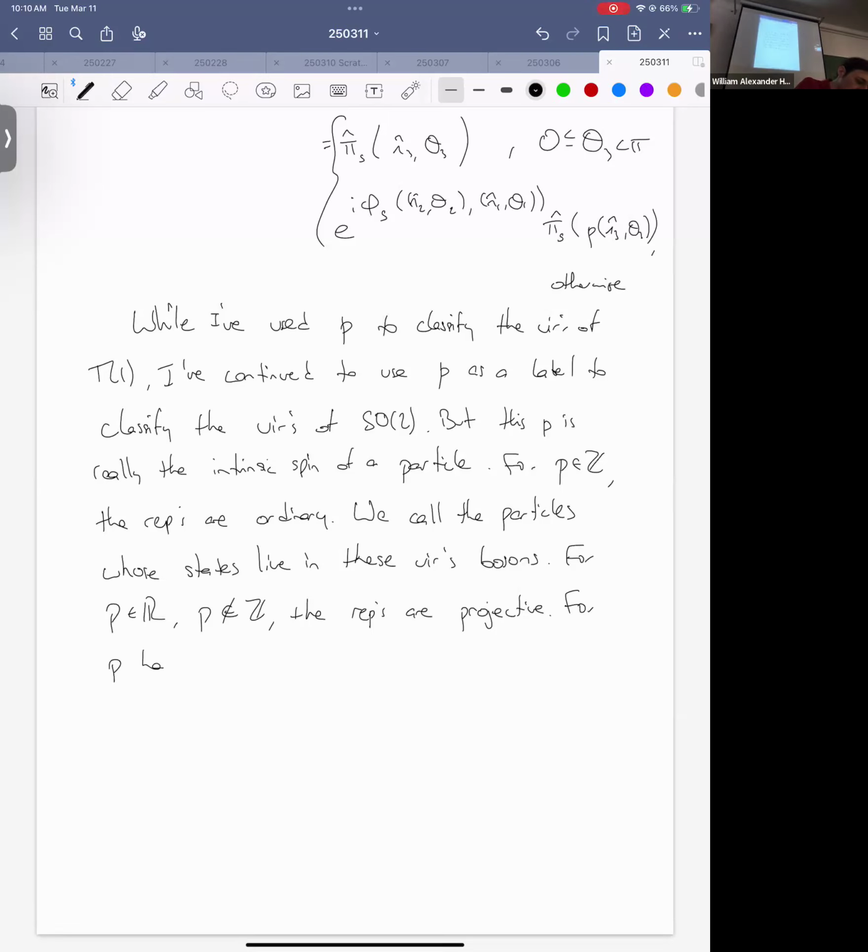For P half integer, we call the particles fermions. All other P are called anyons. Running out of names.